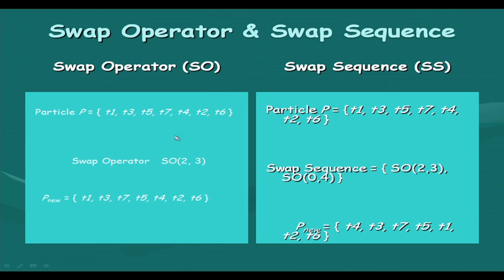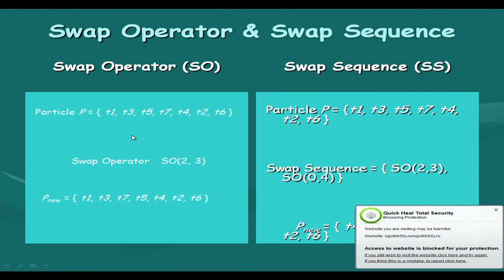To generate a new particle from this, one possibility is to swap two entries, like a swap operator that swaps entries 2 and 3. If entries 2 and 3 are swapped, counting entries 0, 1, 2, 3, then T5 and T7 will be swapped, and as a result it generates a new particle with T7, T5.